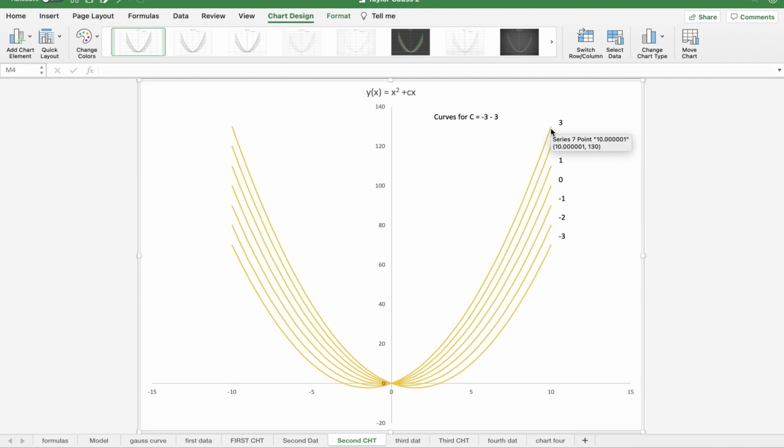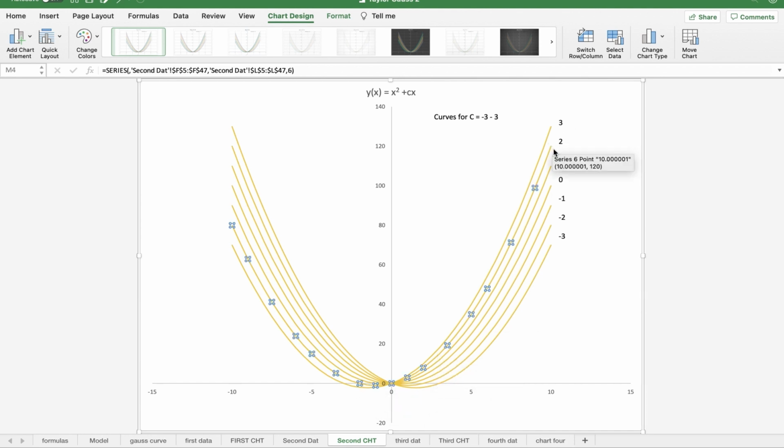And the curvature of the parabola is offset by the constant. So our minimum for c equals 3 is on the negative side of the x-axis, right over here, down in that point somewhere.